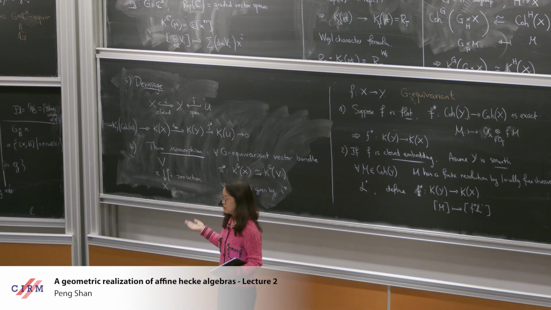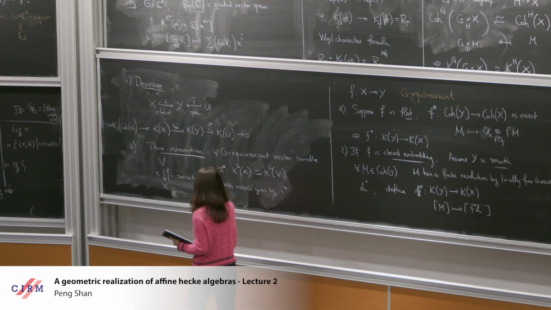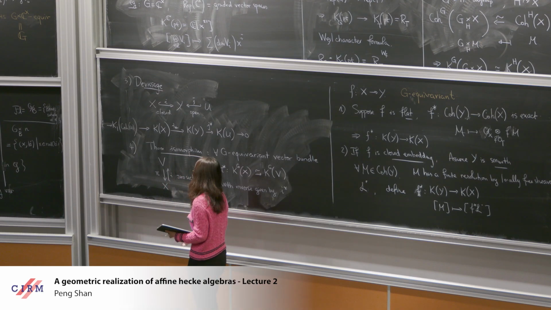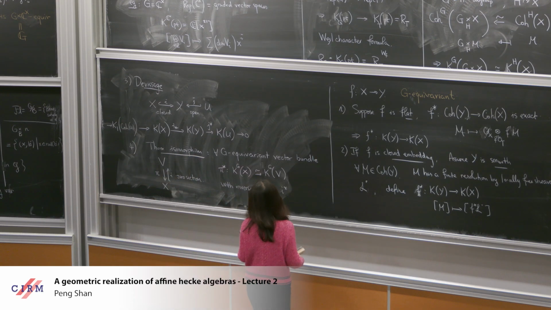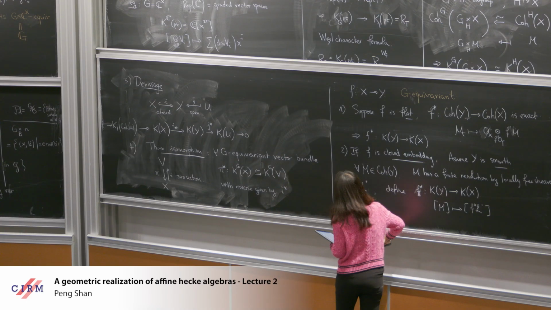And so all the coherent sheaves have a finite resolution by free modules. So at the end, your K-theory only has one object in it, and it's the same as the K-theory of X. And you need more argument to make this proof.